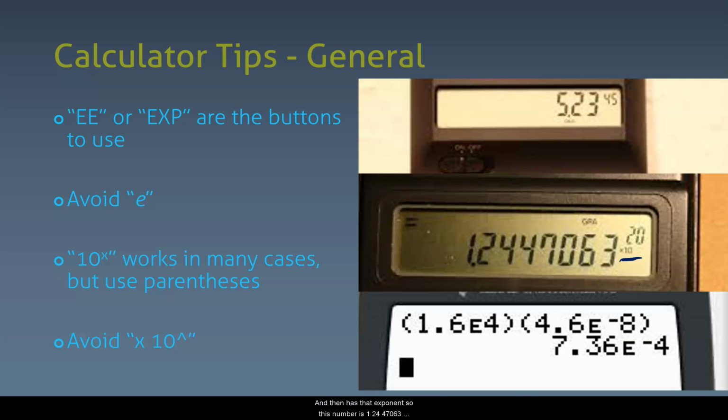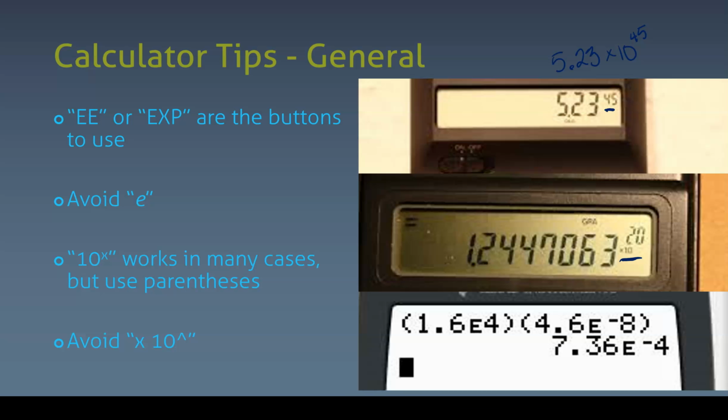So this number is 1.2447063 times 10 to the 20th power. Okay. The one on top that just has this little 45, that is the exponent part of the number. And so if we were going to write this number by hand, it would be 5.23 times 10 to the 45th.